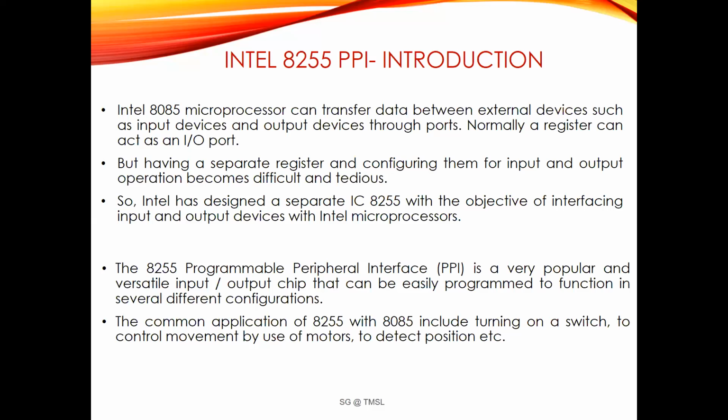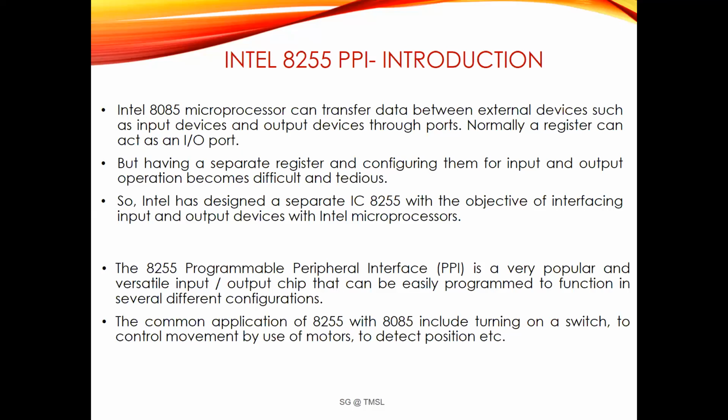However, using a separate register and configuring it for input and output operations is very difficult for us. So Intel has designed a separate IC which is called 8255, and the aim of this design is to interface the input output device with the Intel microprocessors.